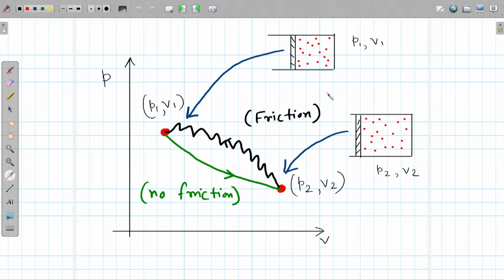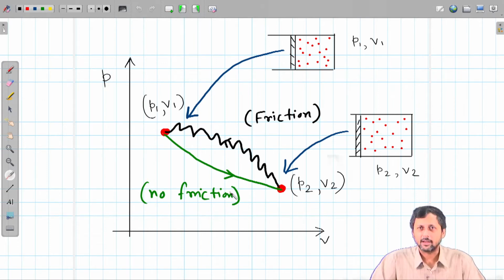So the initial state was P1 V1, and then if we just let it expand, the piston will move out, so the volume will increase, pressure will drop, so it will go to another state which is given as P2 V2 on this PV indicator diagram.